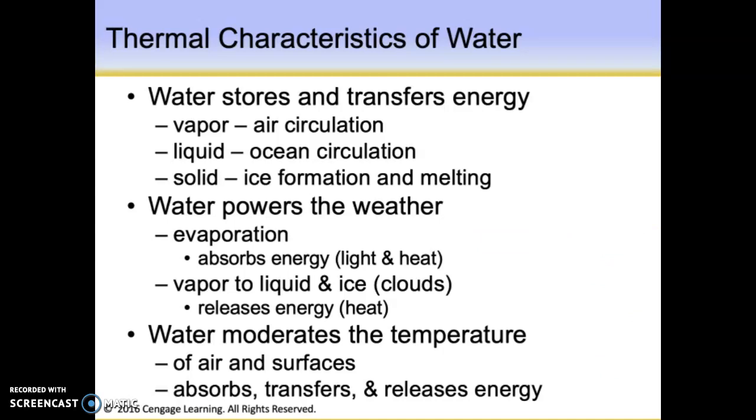So Lake Michigan moderates the temperature of Chicago, or an ocean. The Atlantic Ocean moderates the temperature of New York City, and the Pacific Ocean moderates the temperature of Los Angeles and San Francisco.